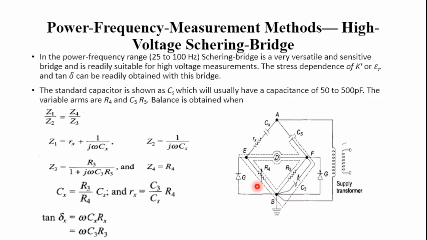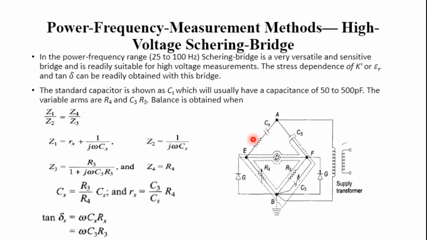This range adequately takes care of the errors due to contact resistance as well as the stray capacitance across R4, which is usually very small. It is very important to see that the resistances are pure and not reactive, and the standard capacitor has negligible tan delta. This is the general arrangement you can see here.